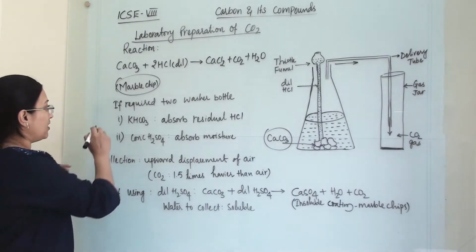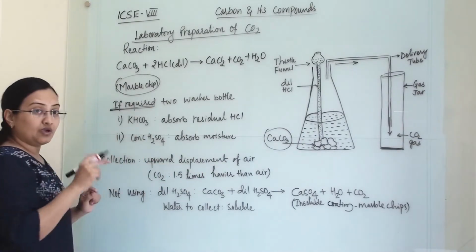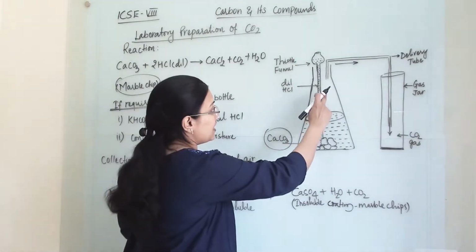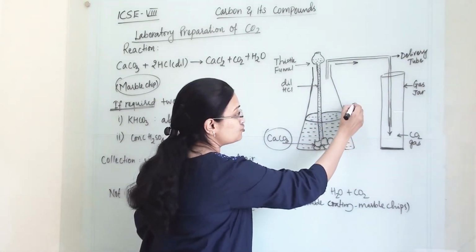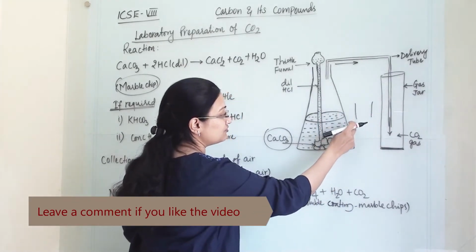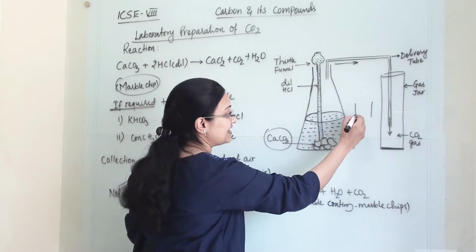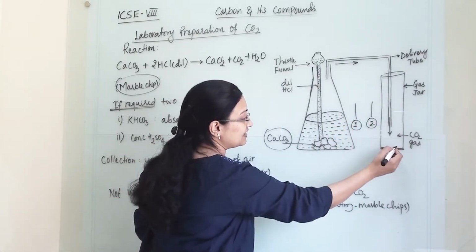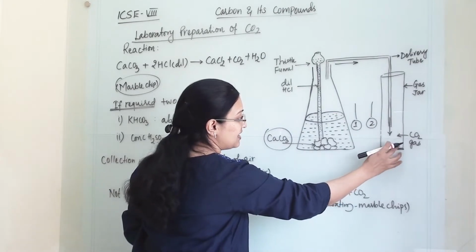Now if required, we can arrange two other washer bottles over here. So this gas delivery tube will go to the first washer bottle, then to a second, and from the second we are collecting the carbon dioxide gas.